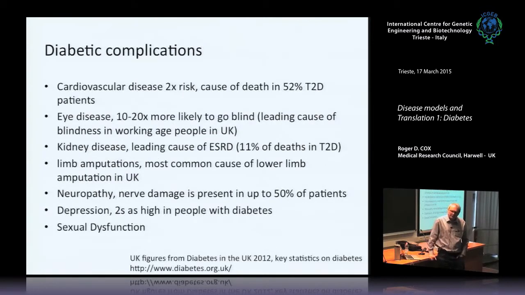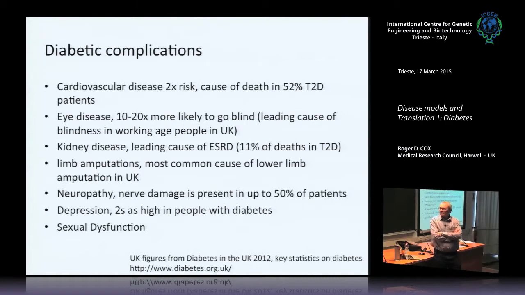So diabetes is high blood glucose, but the thing that's a problem is the complications that high blood glucose over long periods of time cause. So it increases your risk of cardiovascular disease, and in over half of patients with type 2 diabetes, it's the main cause of death. Eye disease, it increases your risk of going blind. It's the leading cause of blindness in the UK.